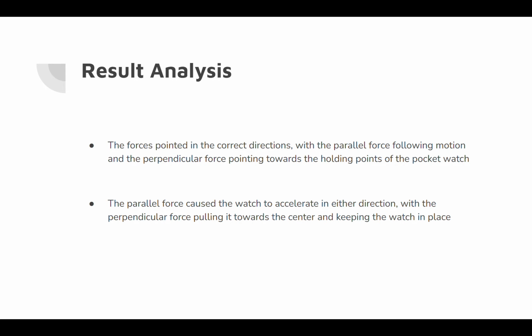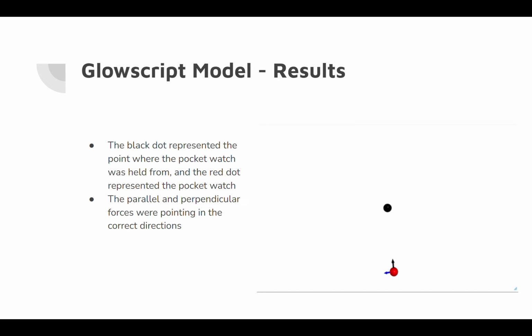And the perpendicular force, not necessarily pulling it towards the center, but keeping it in place with the force acting towards the center. So I guess it could be seen as pulling it towards the center. The perpendicular force holds it in place towards the center, and the parallel force causes it to swing back and forth. As you can see in this model, they're all pointing in the correct direction, which is the most important part of this analysis.